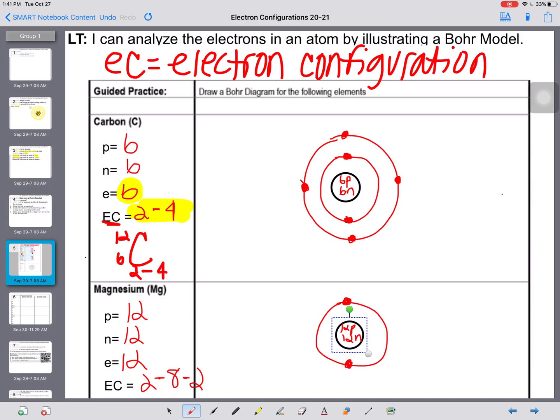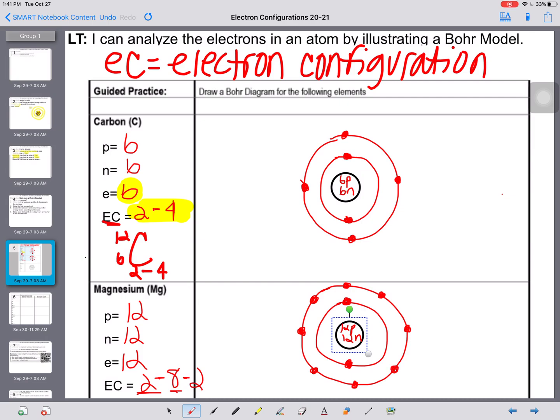Once it's full, you have to draw the next shell. Now, we can also look at the electron configuration. It's telling me that in the first shell, there are 2 electrons. In the second shell, there are 8 electrons. So 1, 2, 3, 4, 5, 6, 7, 8.